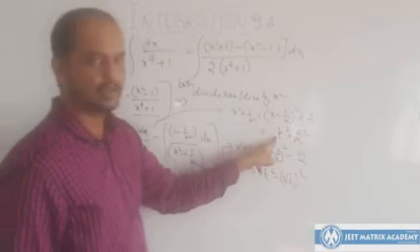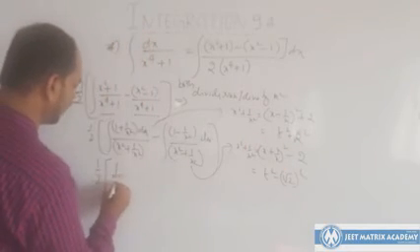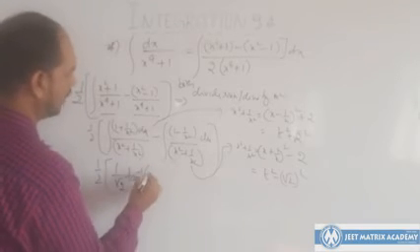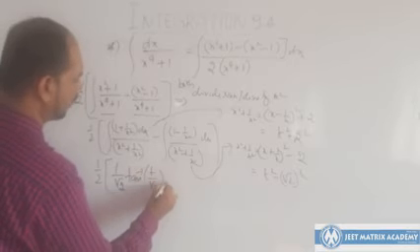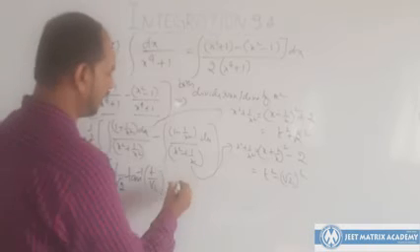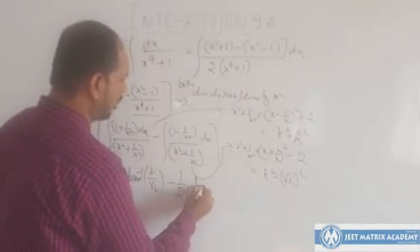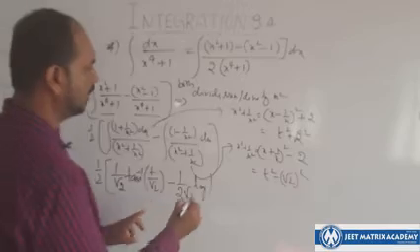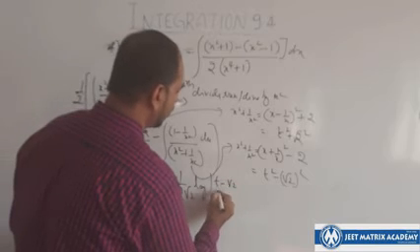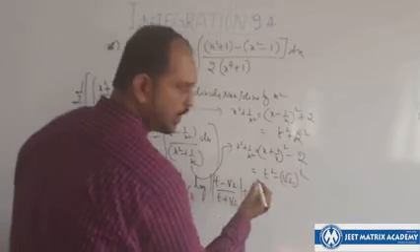So 1 by 2. This looks like x square plus a square, so I'll use 1 by a, that is 1 by root 2 tan inverse of t by root 2, plus here I am supposed to apply the log formula, that is 1 by 2 into root 2 log of modulus of t minus root 2 divided by t plus root 2 modulus plus c.